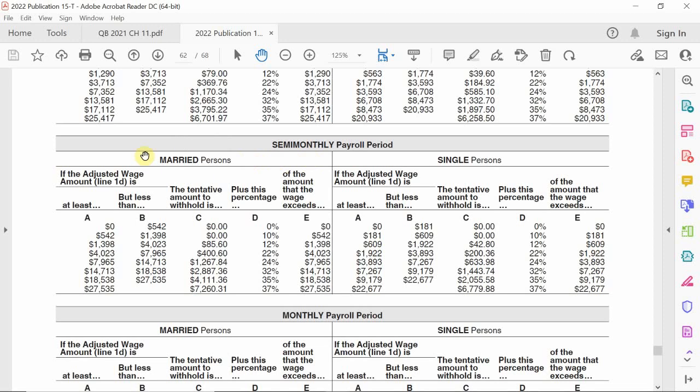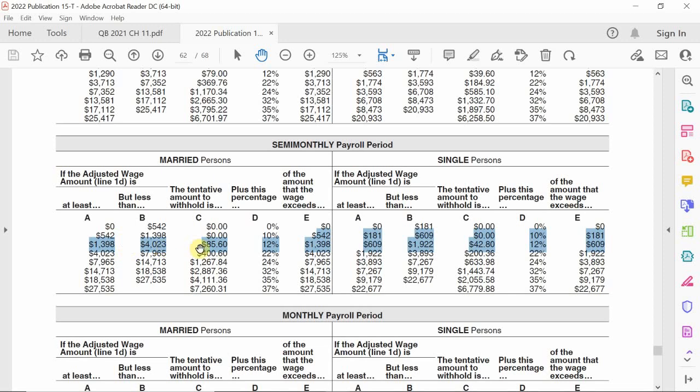In this case, she filed as married. So she made $2,142, and we need to find which bracket she belongs to. She makes over $1,398, but she makes under $4,023. So this is her bracket right here.